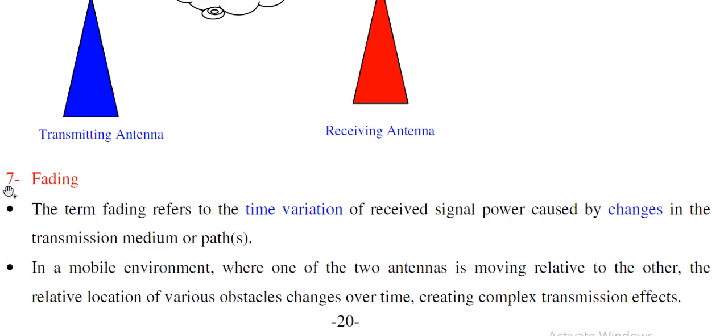We have another type of impairment which is fading, which means that here if we have, let's say, two mobile cars, for instance, and the antennas inside those two cars are moving relatively, and the obstacles or objects between them might fade the signal, which means that due to the time variation and due to the speed of each transmitting car and receiving car, they will get into what we call fading the signal between the sender and the receiver.